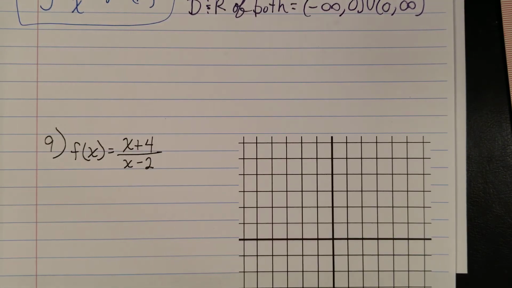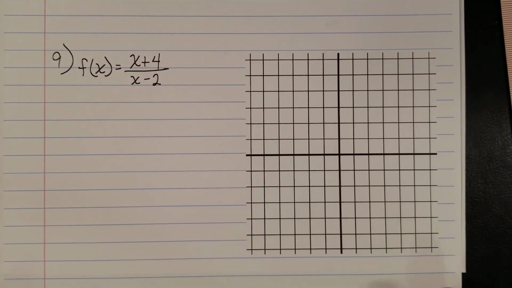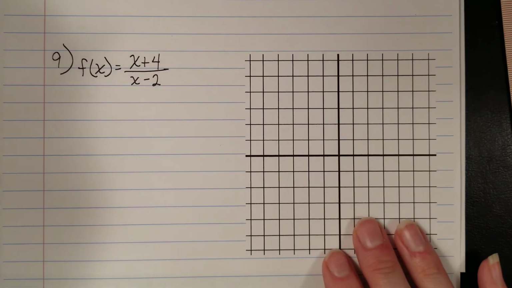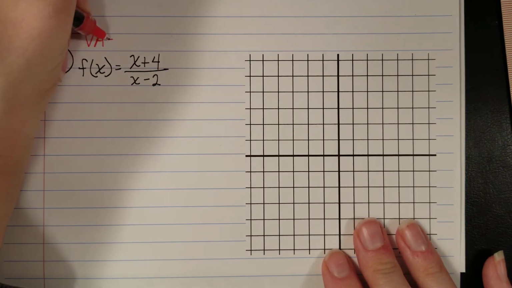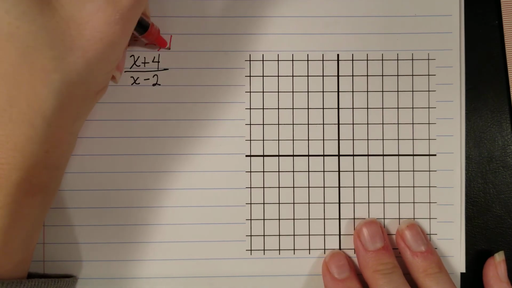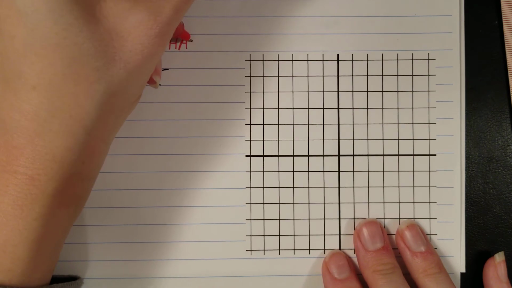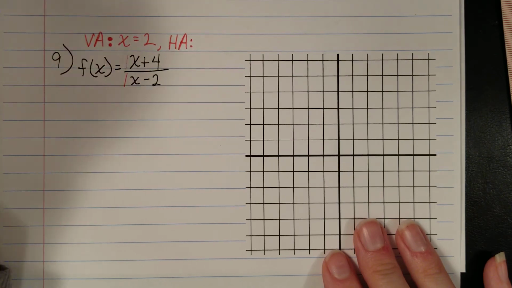Number 9, also a rational function. So let's see. In this case, you would have a vertical asymptote at x equals 2. You would have a horizontal asymptote. Exponents are the same, divide coefficients.